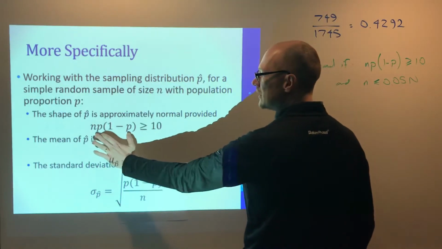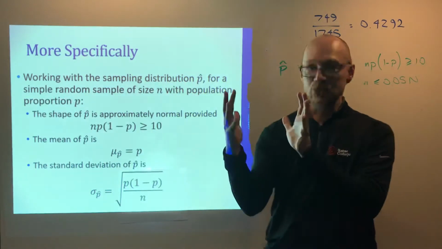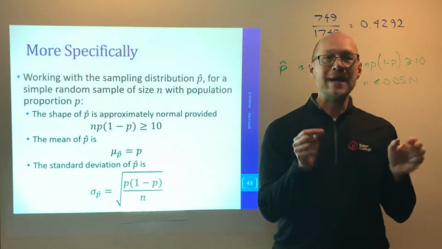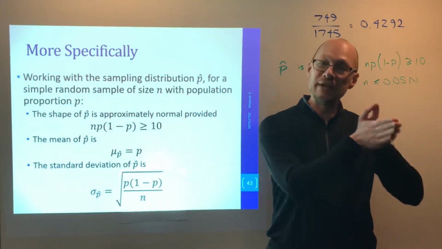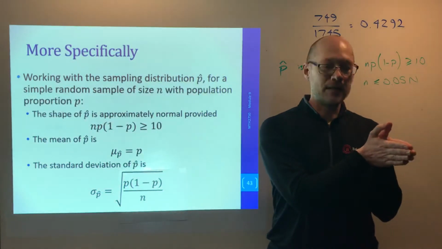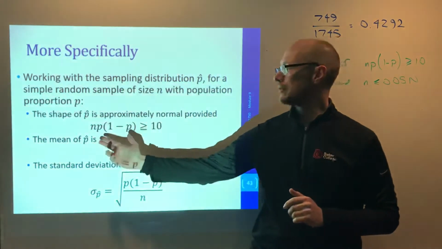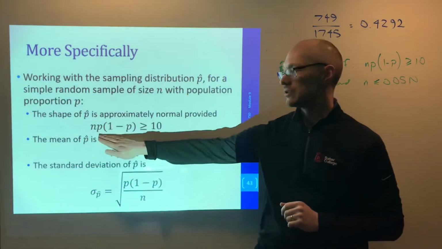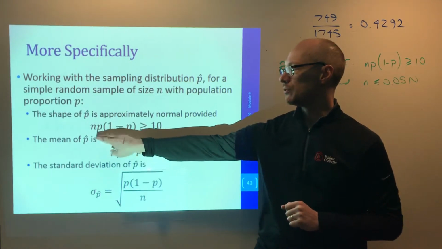And more specifically, the shape is going to be normal. Remember how I said that we have to make sure we have room for the tails. If the population proportion is stated as a very high number, we have to make sure that n is large enough. I'm not going to bother going through the math of this, though it's a pretty straightforward thing to go through.